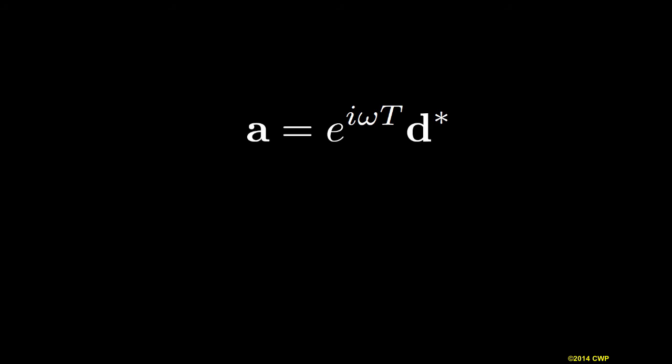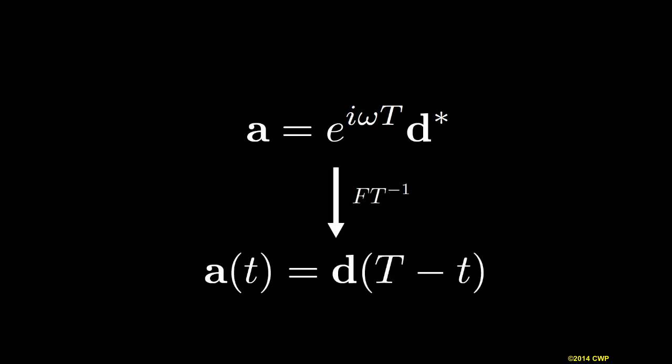Now remember that we solved this system of equations in the frequency domain. And in the frequency domain, the complex conjugation that you see on the right-hand side corresponds to the time reversal in the time domain. That is, if I do an inverse Fourier transform, I get an equation which exactly describes the same process as time reversal in the time domain. This means that the time reversal is just a special case of the more general Backus and Gilbert method.